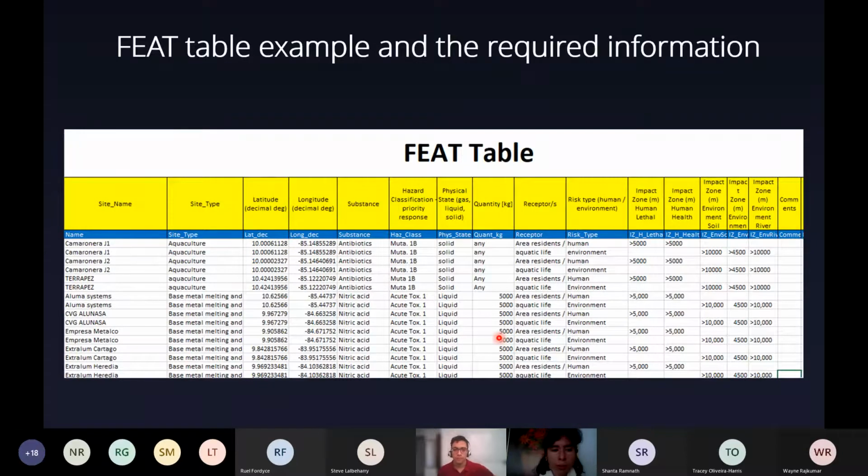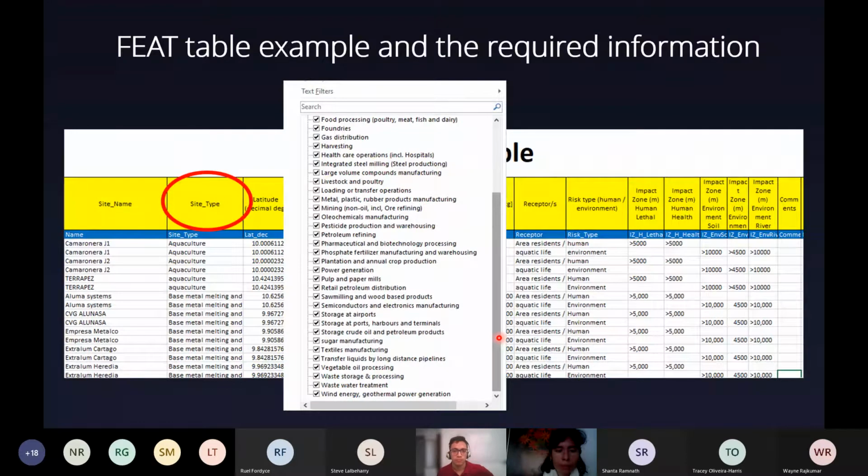Diego, can you click, please, to show? So as I mentioned, it is very important for us to have the site type. This long list is just showing some of the hazardous operations that appear on the FEAT table of the pocket guide that we share with you.